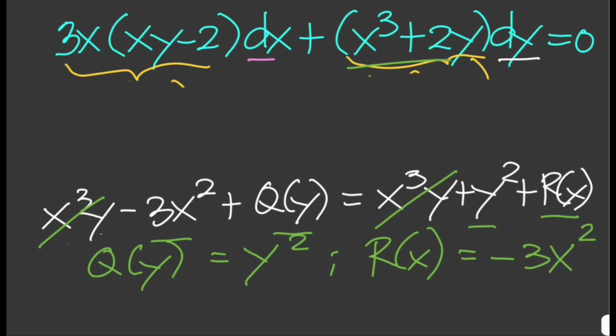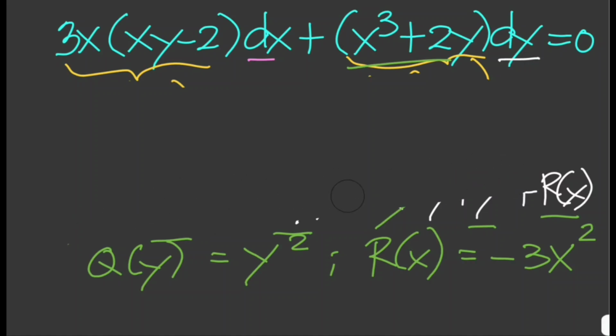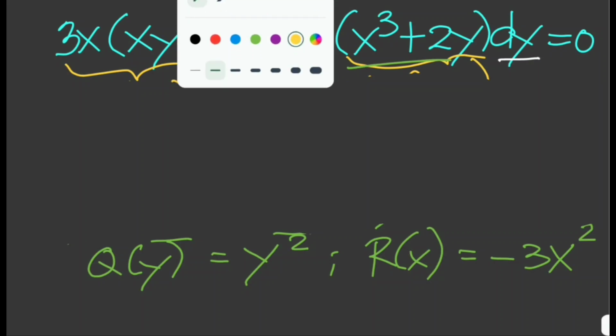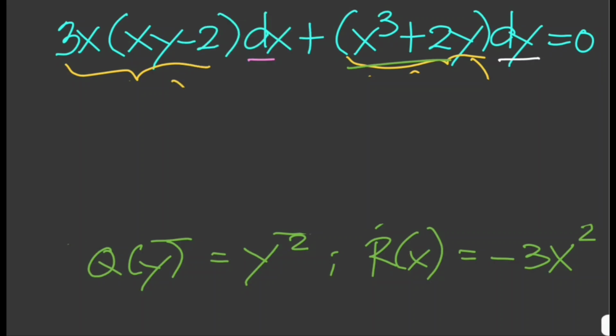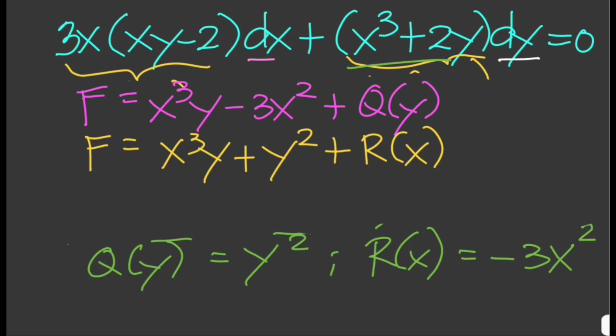Now we already have the values for q of y and r of x. We can plug in either of these two to either of the two f's that we previously solved. So let me write down the two f's that we previously solved. Okay, now you can choose whichever of these two you would plug into either of the two f's here.